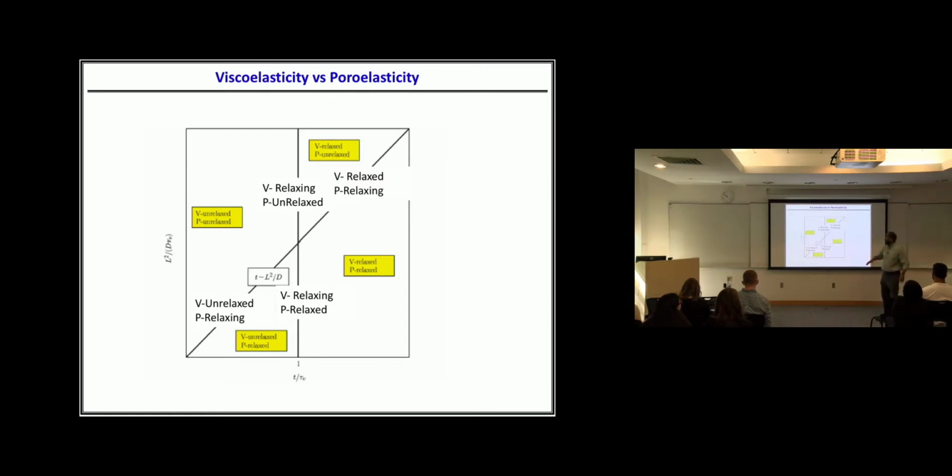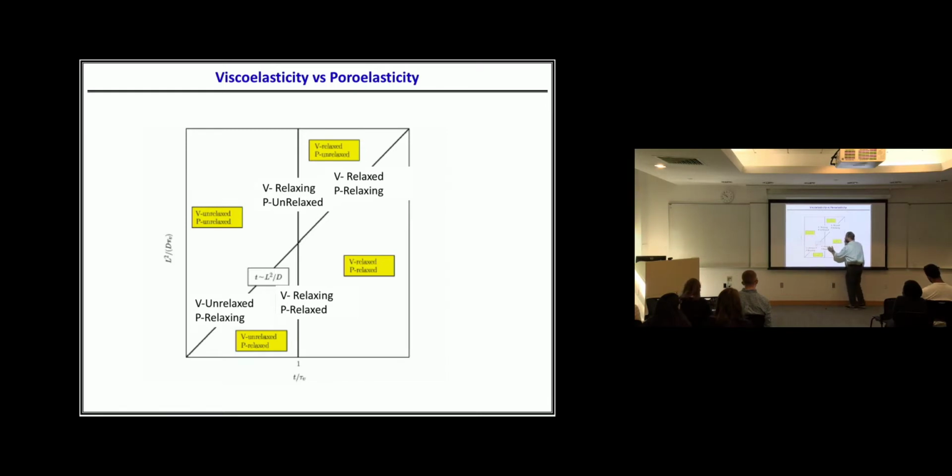Now you have the basic poroelastic time scale and the basic viscoelastic time scale. You have these two lines. If I draw two lines, how many quadrants? Quadrant means 4, right? It splits the whole space into 4. Depending on where you are in this space, if you are crossing this line, you are looking at poroelastic relaxation.